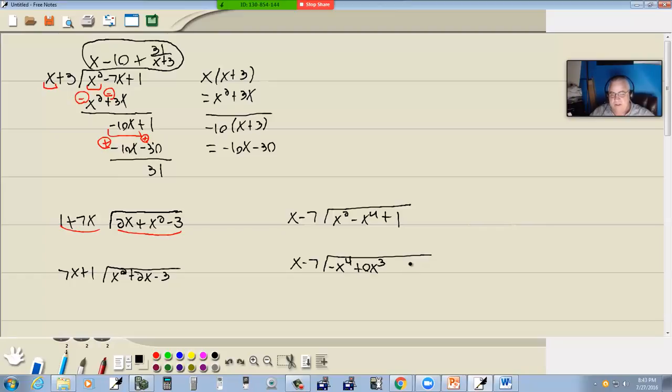So plus 0x to the third, plus x squared, we're missing the x, so I'll put a 0x, a 0 placeholder, and then plus 1. And then you go through and do your steps. So those have to be true whenever you're doing long division. What you'll find is that if it's not in standard form and you don't put 0 placeholders, it's very challenging, if not impossible, to get the correct answer.